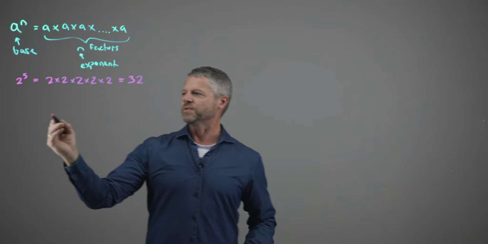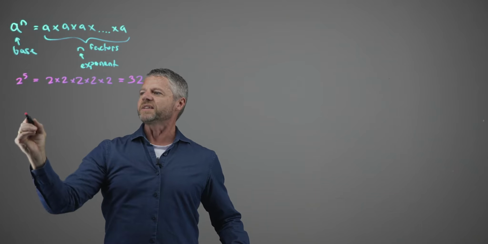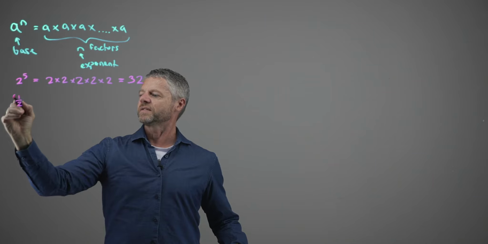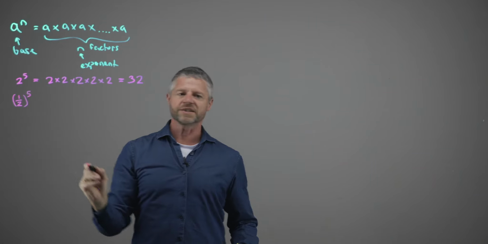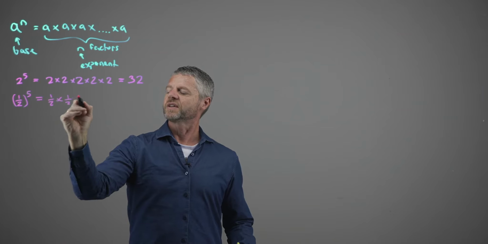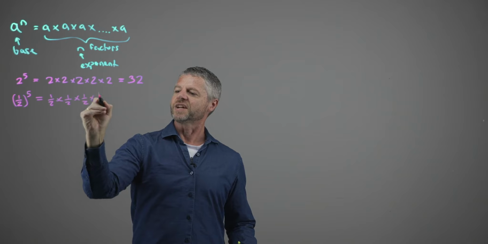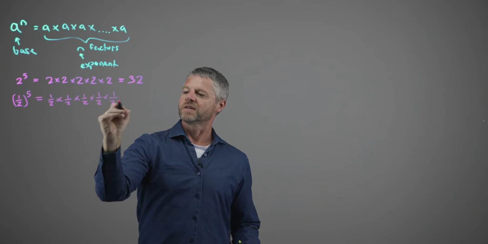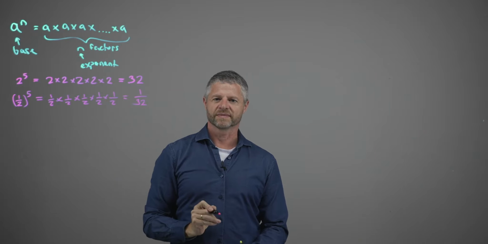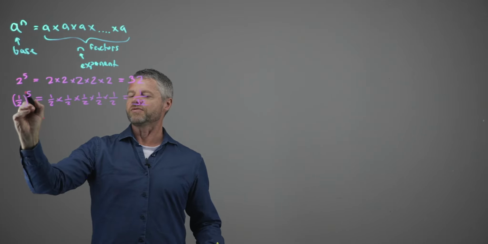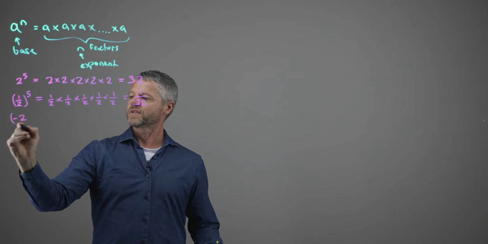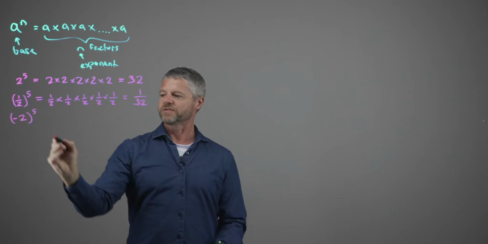So a few more examples. Remember, the base can be any number. So it could be a fraction. So a half raised to the power 5 is a half times a half times a half 5 times. And so that's going to be 1 over 32. We could have a negative number as the base. So minus 2 to the power 5.